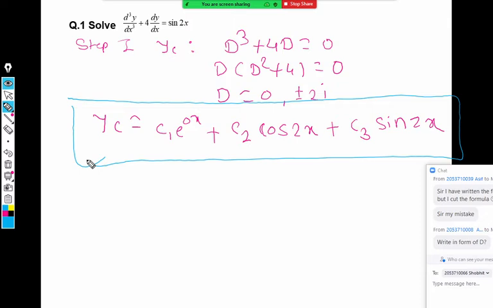But YP is important now. Step 2: YP is equal to 1 upon phi d. In this case, phi d is d cube plus 4d, of sine 2x. Yes, next step, anyone? What should be done?